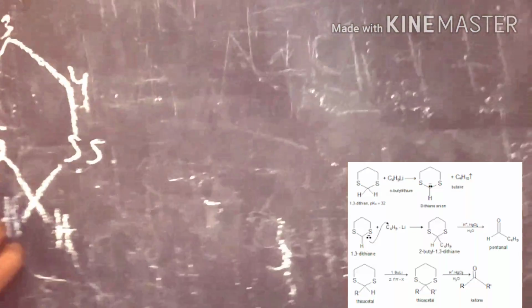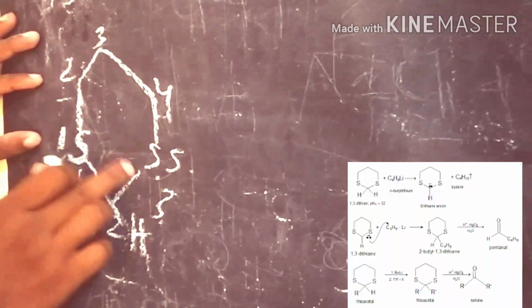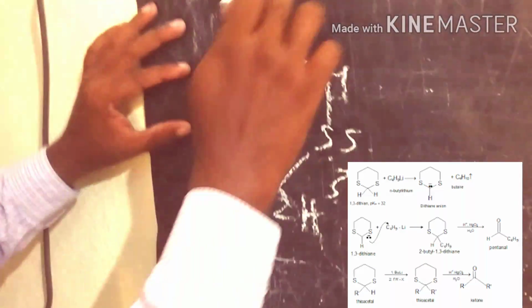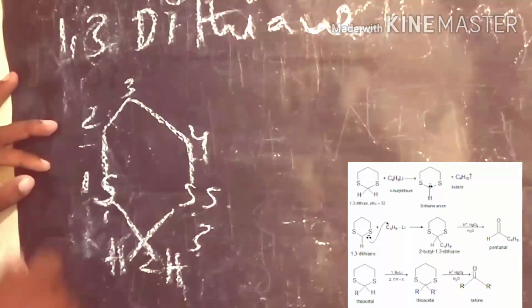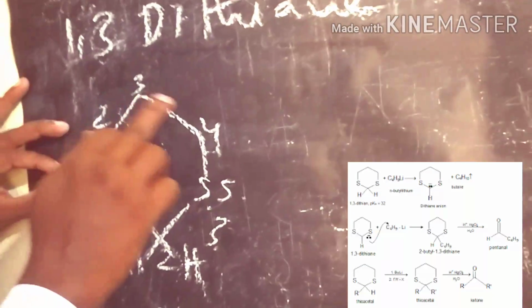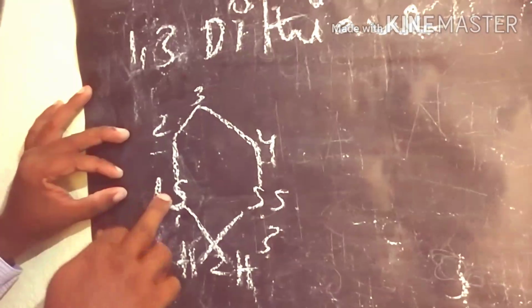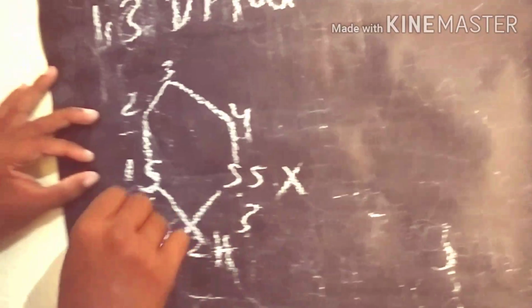If you number it this way, 1, 2, 3, it is the 1,3 dithiane. Always we give the least numbering to the substituents. The other way is the wrong method, because we would get 1 and 5. So always give the least numbering to the substituents, 1, 2, 3.